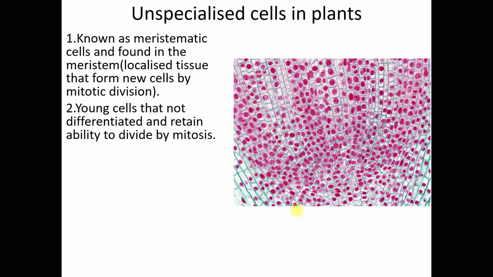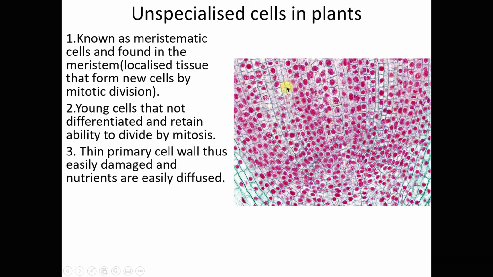These meristematic cells are young cells that are not differentiated and retain the ability to divide by mitosis. Maksudnya meristematic cell ni belum lagi jadi xylem, belum jadi phloem, belum jadi epidermis. They are young cells that are not yet differentiated.